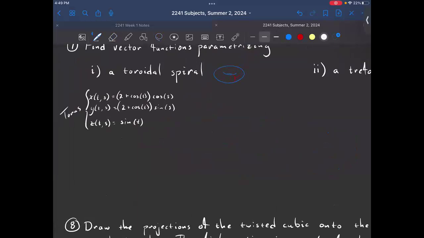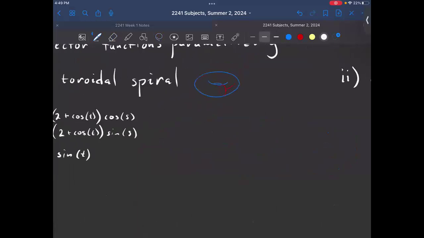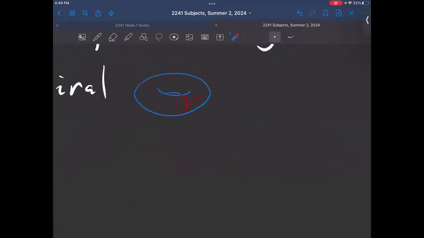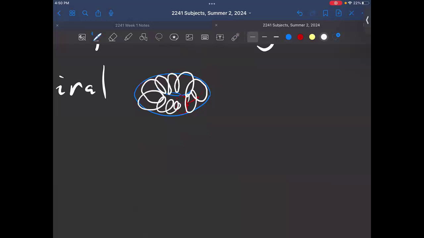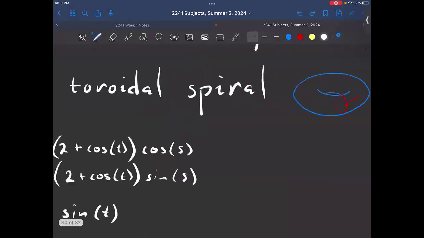I now want to specialize this torus, or this parametrization, to go in a spiral around this guy. Like that. So how do I do that?